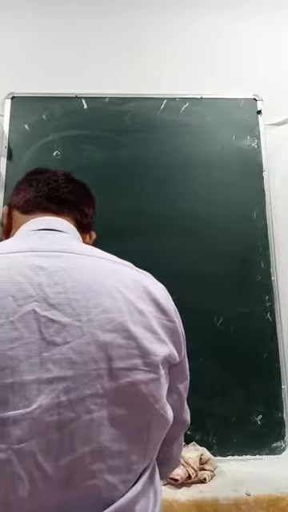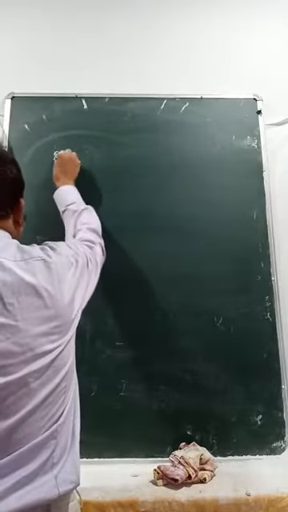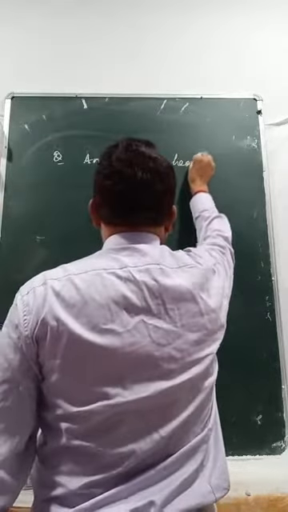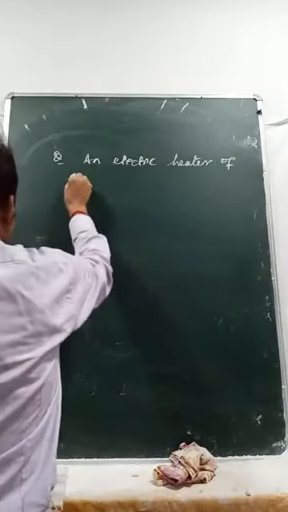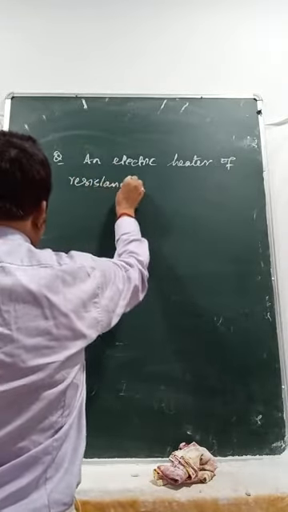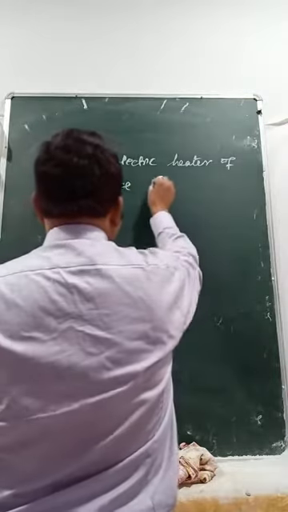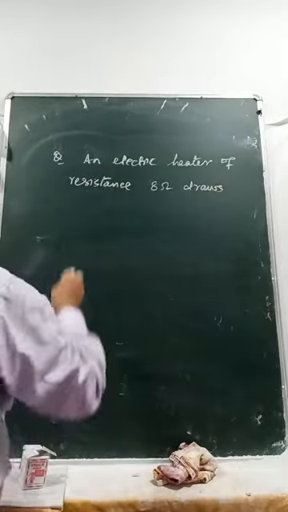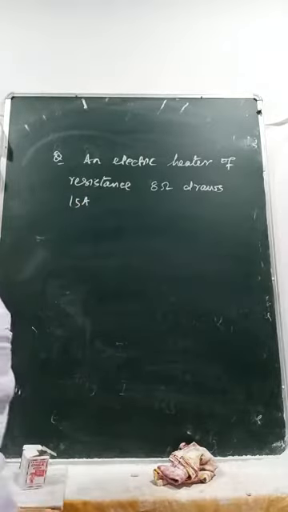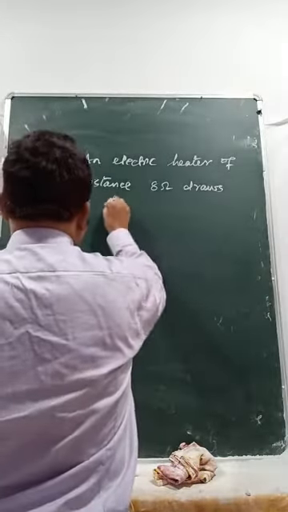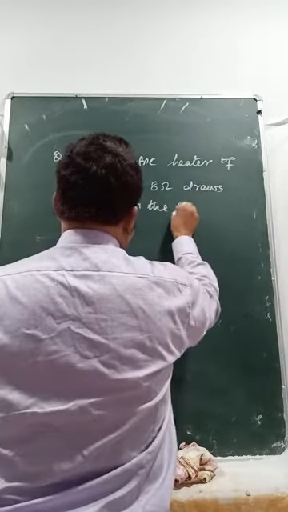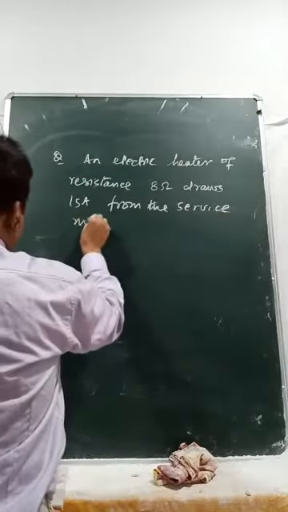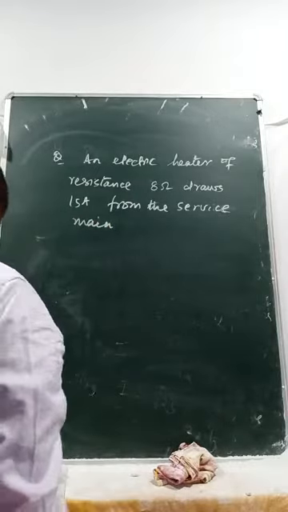So another question. An electric heater of resistance 8 ohm draws 15 amperes current from the service main, that is the main source, for 2 hours.